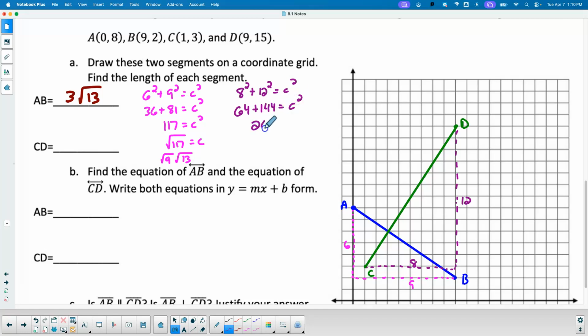So that gives 208, and 16 times 13 must go in there. Yep. The square root of 208 again, I get 4 square roots of 13 for that one. Yes? Okay.